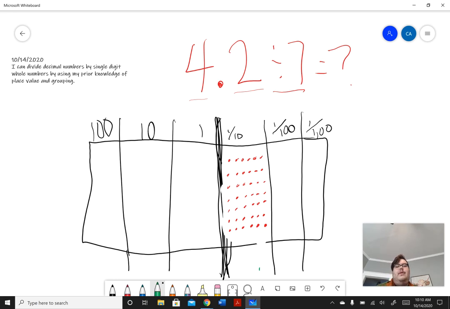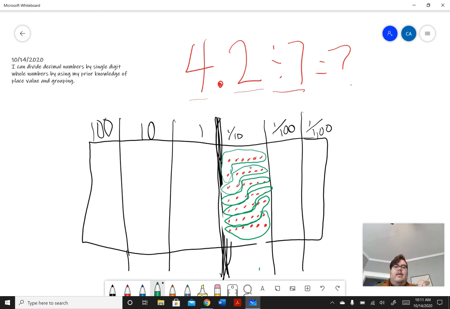But if you wanted to, you could also go 1, 2, 3, 4, 5, 6, 7, and so on for each group. So it doesn't really matter how you find your groups of 7, but just find your groups of 7.